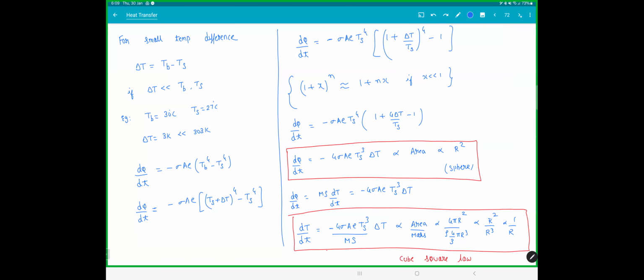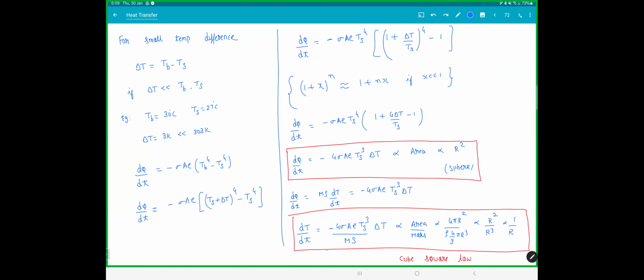But you should have this much idea. Remember, it is valid only for small temperature changes. Clear?